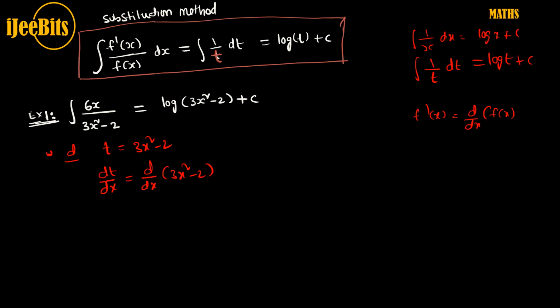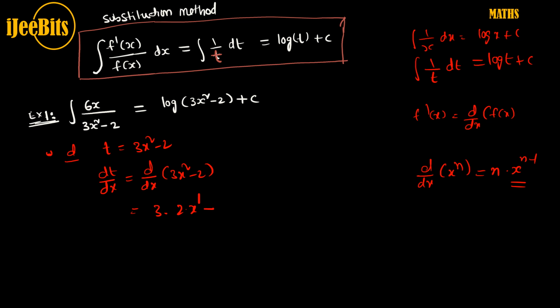What is the formula? d by dx of x power n is n into x to the power of n minus 1. In integration you raise the power, here you reduce the power. So 3 is a constant, apply the formula to x square, n is 2, so 2 into x to the power of 2 minus 1, which is 1.